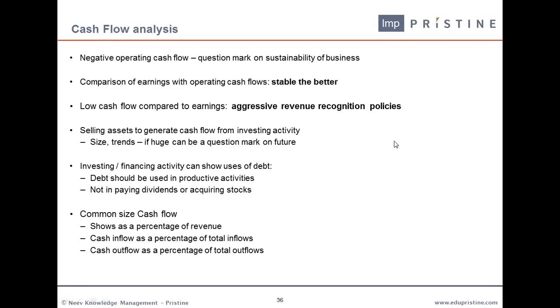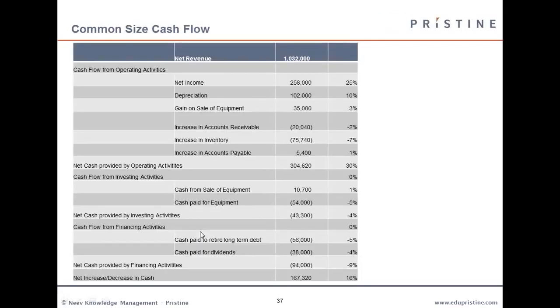Similarly, we can use a common size cash flow statement wherein, like the balance sheet, we have all the items expressed as a percentage of revenue. Here's an example of a common size cash flow statement. These are the percentages that I'm talking about.